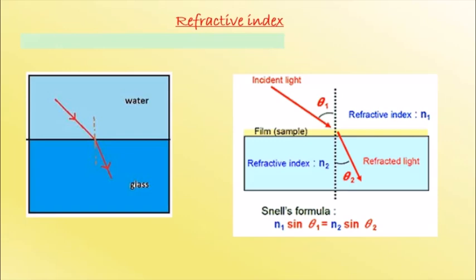Now the refractive index depends on the velocity of light in that particular medium. You can also calculate the refractive index of some substances with respect to the vacuum, and the refractive index of a medium with respect to the vacuum we call the absolute refractive index.